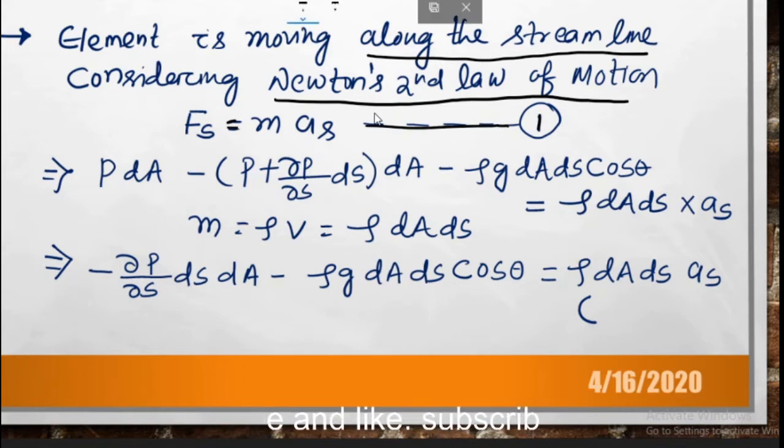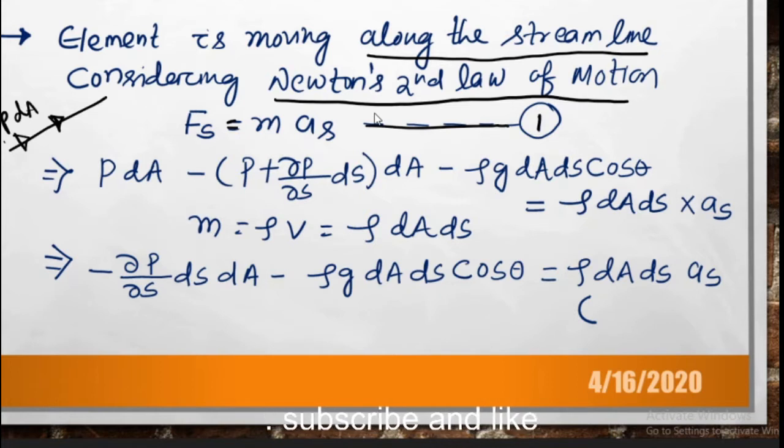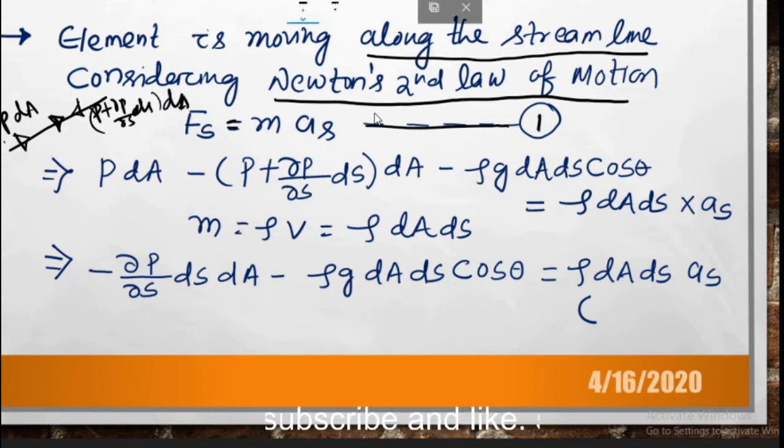Now, writing down the net forces: the fluid element is moving in this direction, which is my reference. So this is P into dA, and this is P plus del P by del S into ds, into dA. This is the net force acting on this fluid particle.